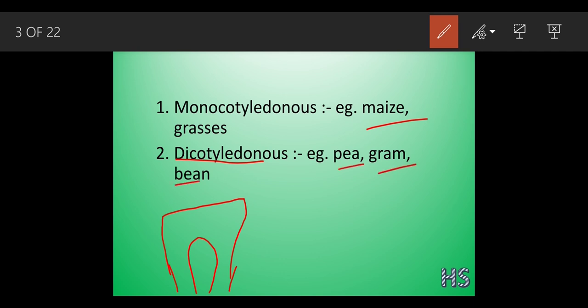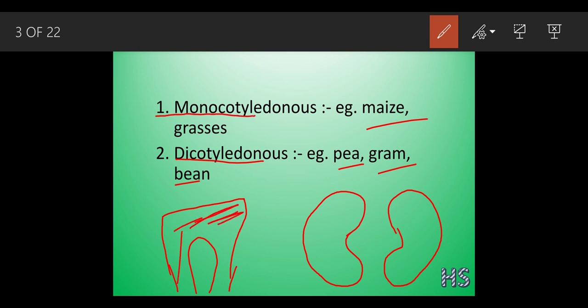If you look at rajma, we could see the bean kind of structure. In the monocotyledon situation, like in maize, there is only one cotyledon. But here, the pea, gram and bean have two cotyledons where they can store the food. This is the first part, and this is the second part. But maize has only one.